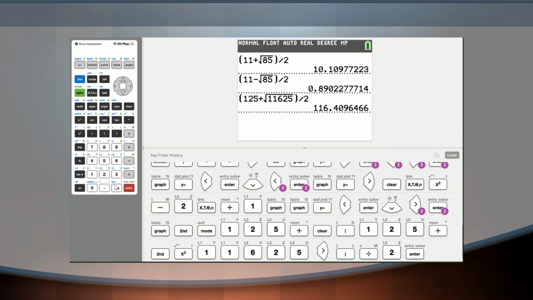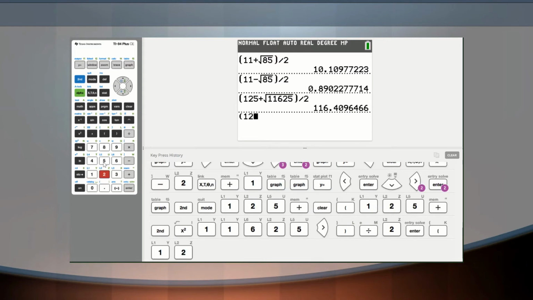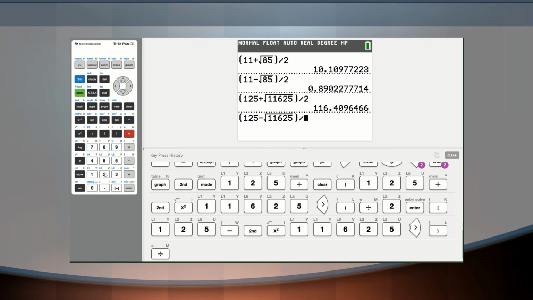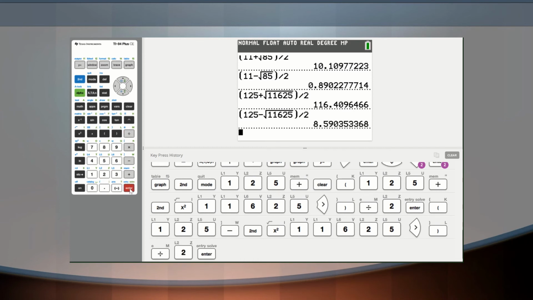And how about on the low end? So I'm going to put in parentheses 125 minus the square root of 11,625. Clear the radical, close the parentheses, divide by 2, 8.6.